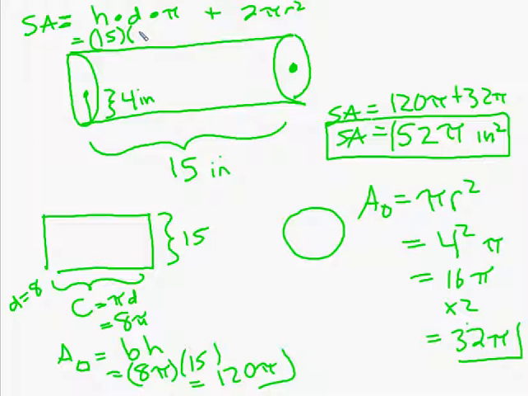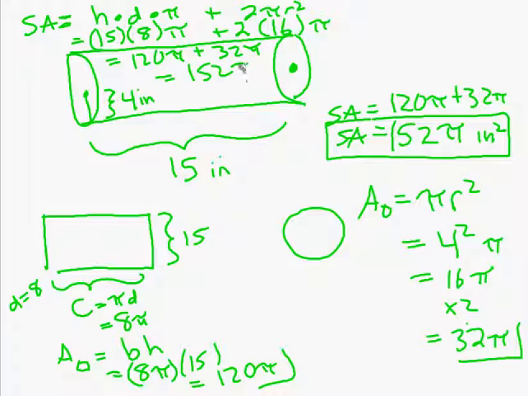Our diameter is 8. 8 pi plus 2 times pi r squared. What's r squared? 16. So this is 120 pi plus 32 pi, which is 152 pi. It comes out identical.